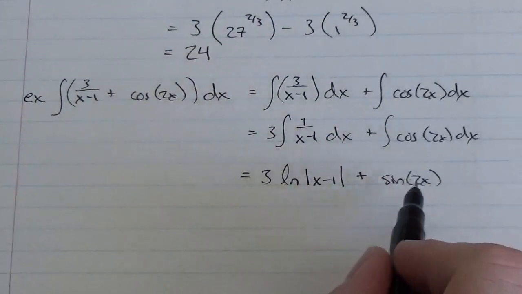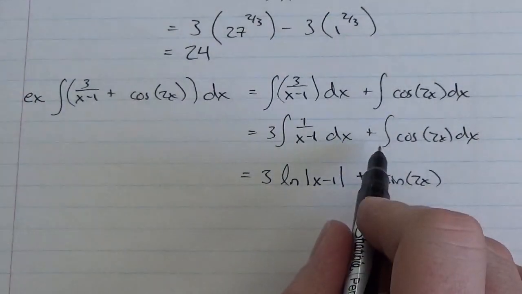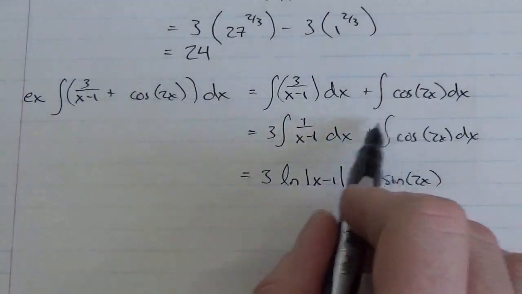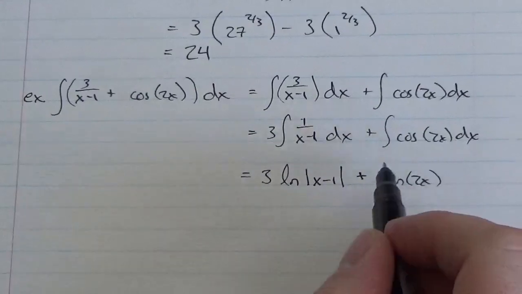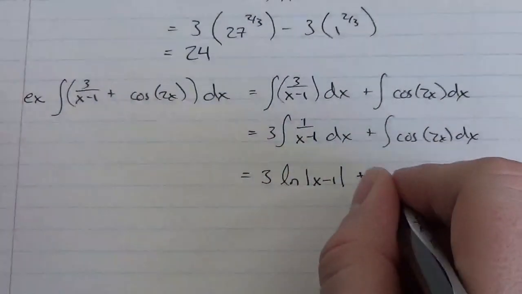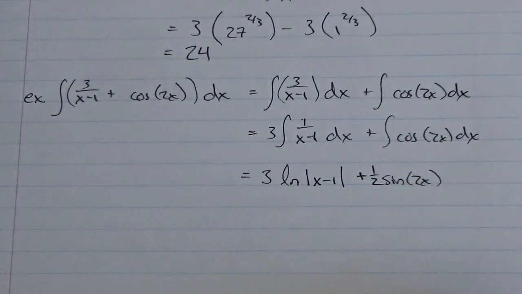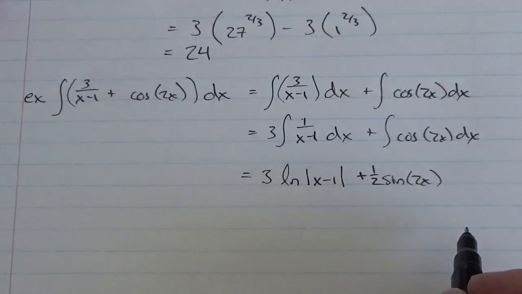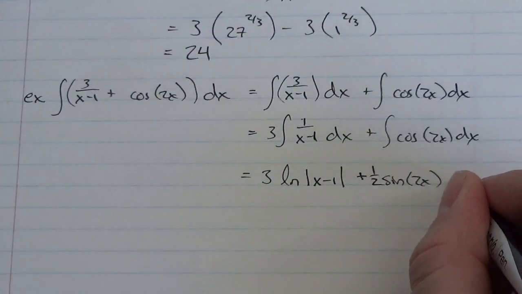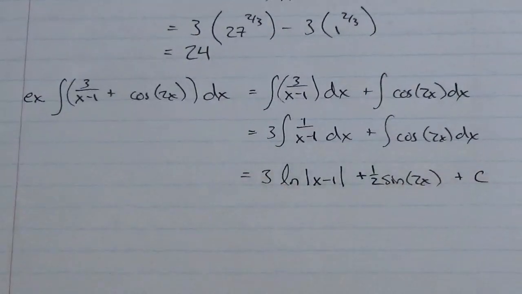So that means that the derivative of the sine of 2x would actually be 2 cosine of 2x. But, well, there's no 2 here. So for some reason, the 2 disappears. And the reason for that is because of a half that's multiplied in there as a coefficient. And so that is going to take care of that for me. So now at the end here, I'm just going to throw in an arbitrary constant to finish that expression off.